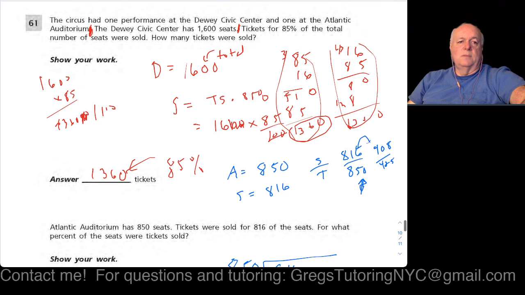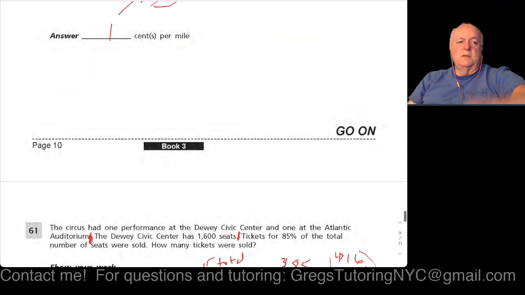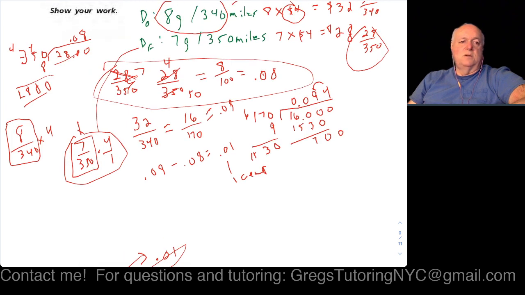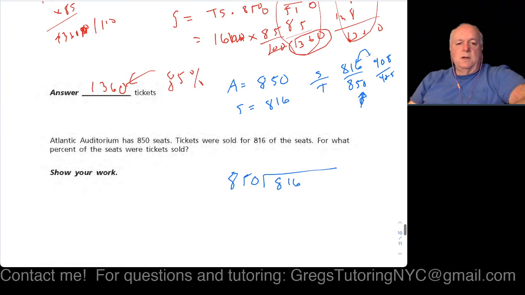The previous problem I'm talking about here, I think. When I did the 350 into the 280, if we did the 28 into 350, or the 32 into the 340, those would have been upside down answers. Okay. So we're going to do 850 into here.